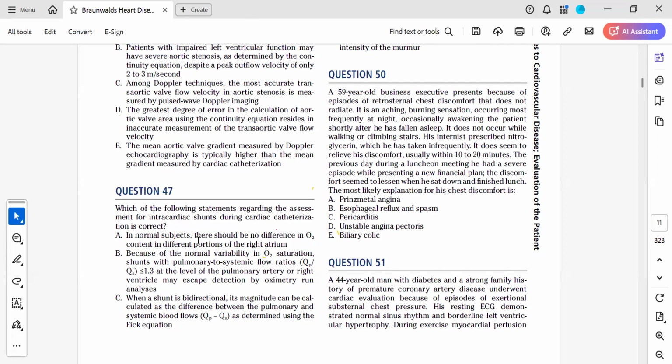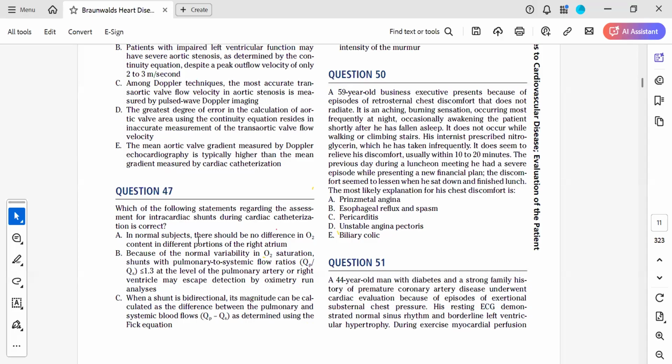Option B: because of the normal variability in oxygen saturation, shunts with pulmonary to systemic flow ratios of less than 1.3 at the level of the pulmonary artery or the right ventricle may escape detection by oximetry run analysis. If we want to assess the oxygen saturation in the pulmonary system and compare with what eventually gets to the right ventricle, due to mixing, if the change in saturation is not significant enough, it's possible to miss it.